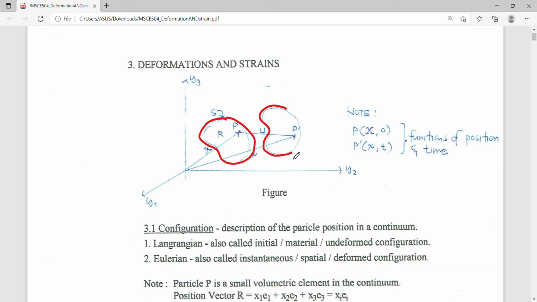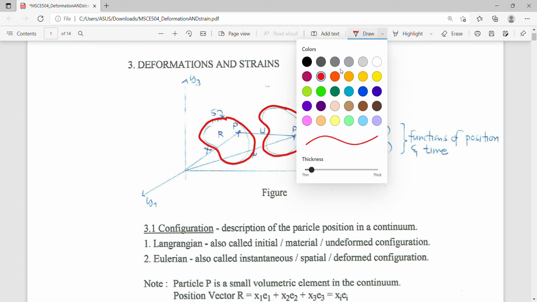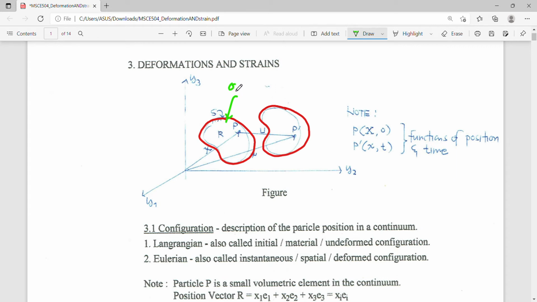The spatial description or position of such particles within the body may be described in terms of the original or undeformed state, and the final or deformed state of the body.